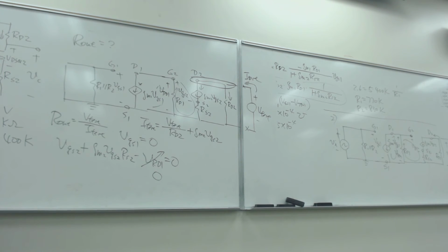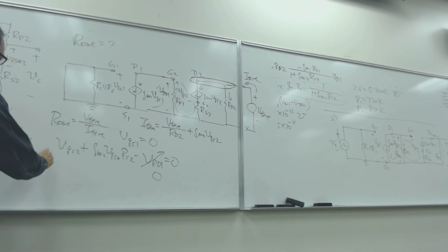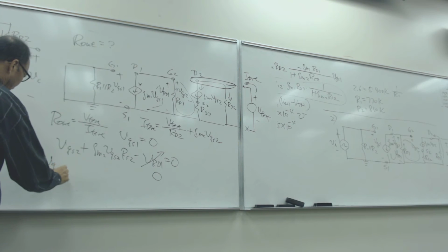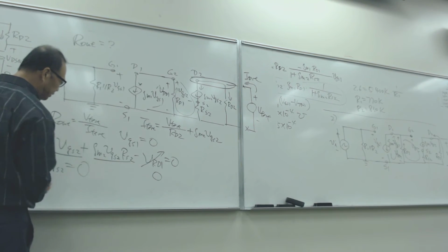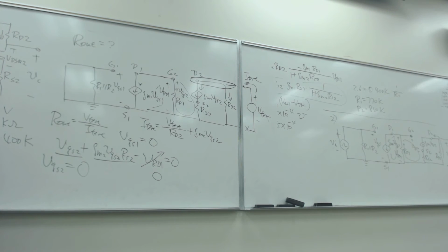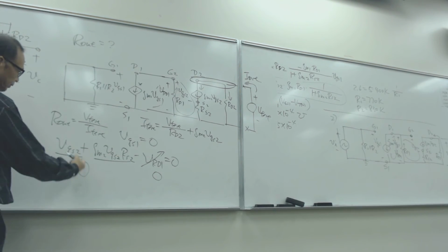Well, in that case, if you look at the equation, the only possible solution for VGS2 is what? 0. This must be 0, right? Can you see? Because this plus there must be 0. And there's no other solution. VGS2 must be 0.